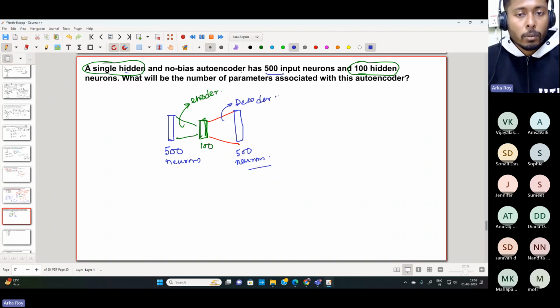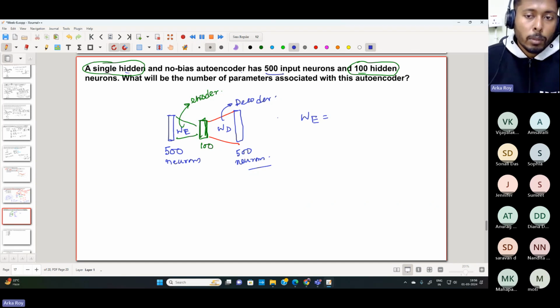Now you need to calculate the parameters associated with this whole autoencoder network. Again, if you need to find the number of parameters, think of the problem in terms of a matrix representation. So let us consider this is W encoder and this is W decoder weight. What will be the shape of W encoder? Just think of it in terms of matrix multiplication. What will be the shape of W encoder?